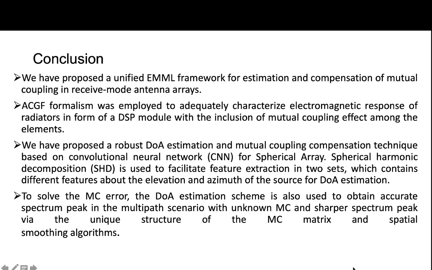To solve the mutual coupling error, the DOA estimation scheme is also used to obtain an accurate spectrum peak in the multipath scenario with unknown mutual coupling, and a sharper spectrum peak via the unique structure of the mutual coupling matrix and the spatial smoothing algorithm.